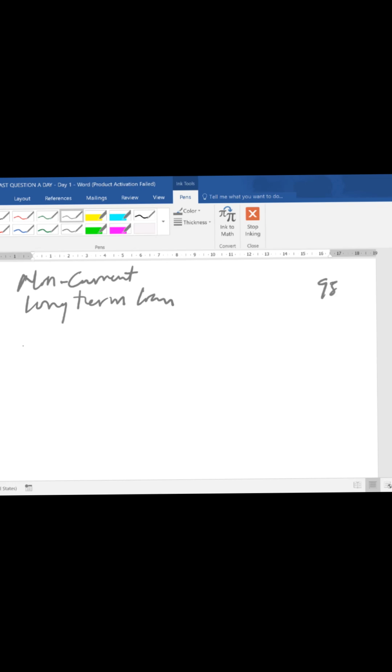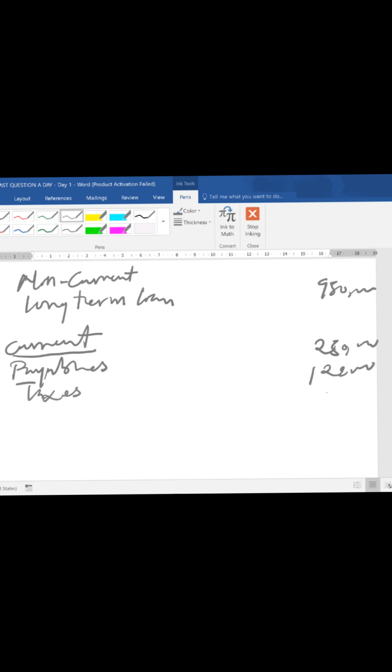And for our current, we have our payables, which is going for 250. And we have taxes going for 120. This is giving us a total liability of 1,320,000. This is total liability.